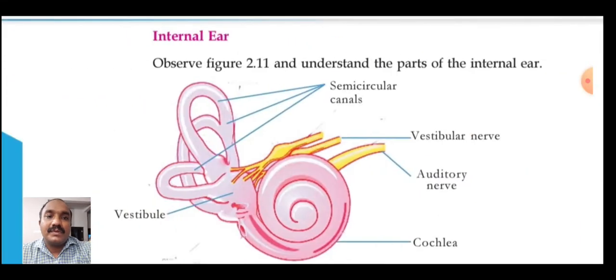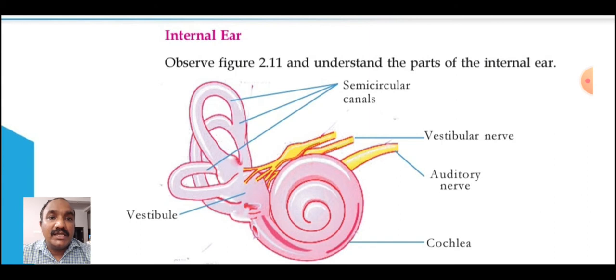Next part is the internal ear. The parts of the internal ear you can see now: the semicircular canals. Three rings are there, perpendicular to each other. Then another part, the vestibule, and then the cochlea.